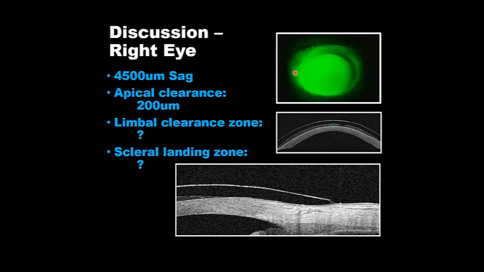We'll have the patient look in the opposite direction, look temporal, then look inferior, see if these areas clear. If they do not, then we would order from the lab a limbal clearance zone +5. And it might be obvious from this OCT that that lens has completely laid itself down on the peripheral cornea, on the limbus, as well as throughout the scleral landing zone. So increasing the limbal clearance zone right here might be a way that we can get it off the tissue.